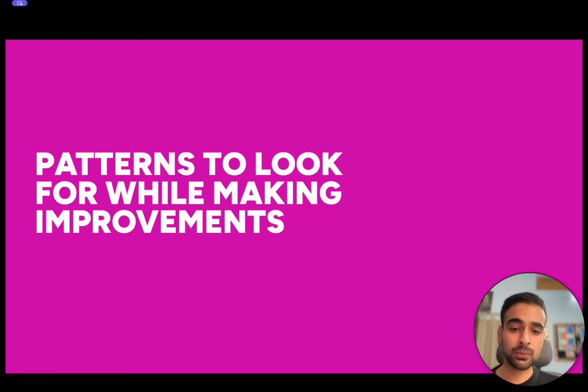Other than that, now moving forward to the patterns to look for while making improvements. Not a single rule will apply to every single API since the use case can be very different. But these are a good set of questions that you can ask while optimizing an API.